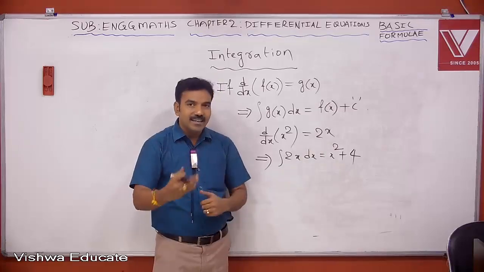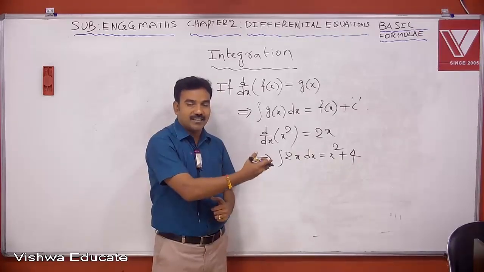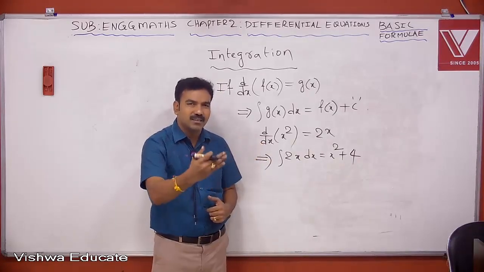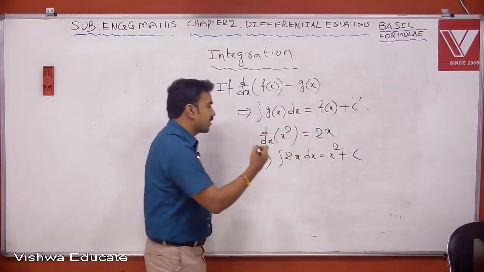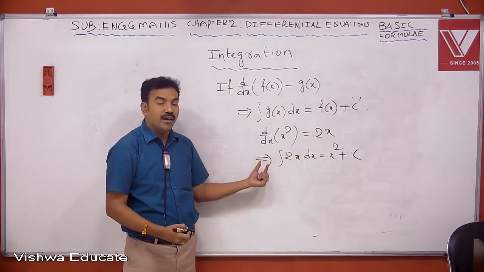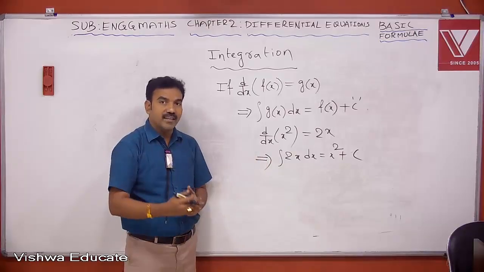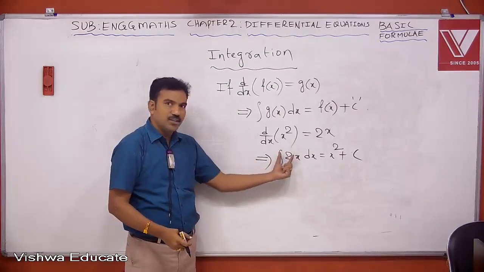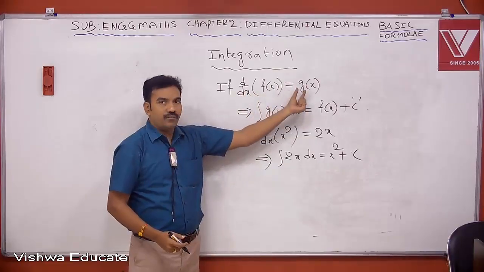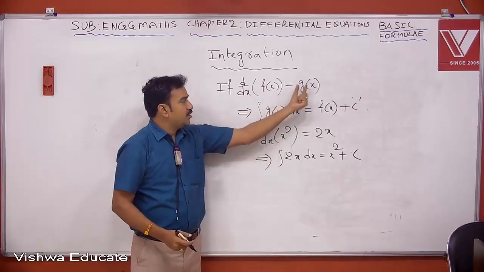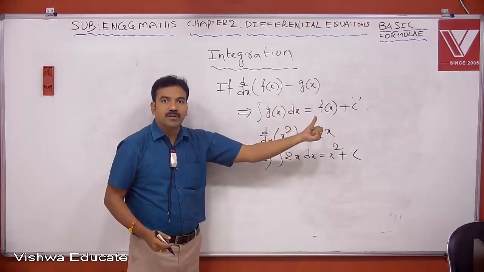So instead of writing different particular constants, say 2, 4, 1 by 2, etc., generally we write the constant. This is the basic reason why we add a constant when doing integration. I think this point is very clear. So whenever d by dx of f of x is g of x, implies integral g of x dx is f of x plus c.